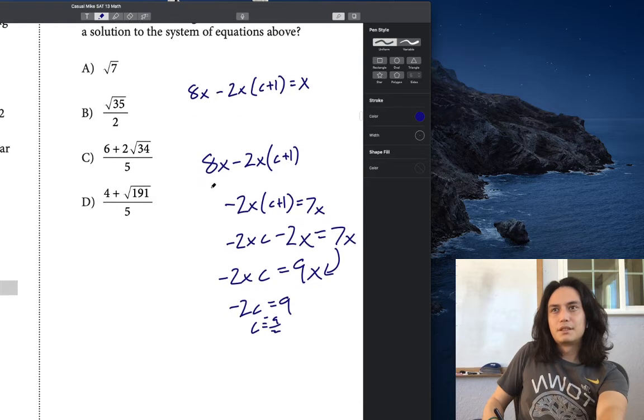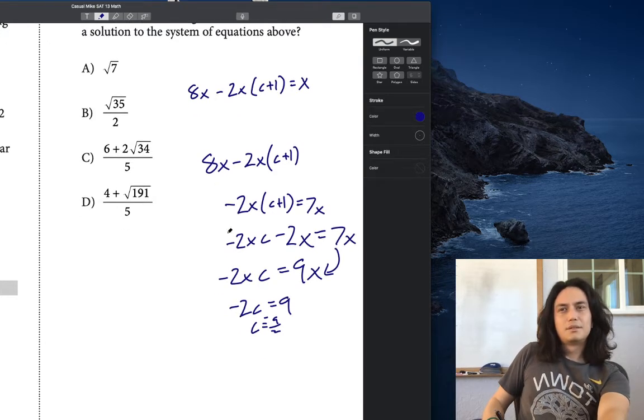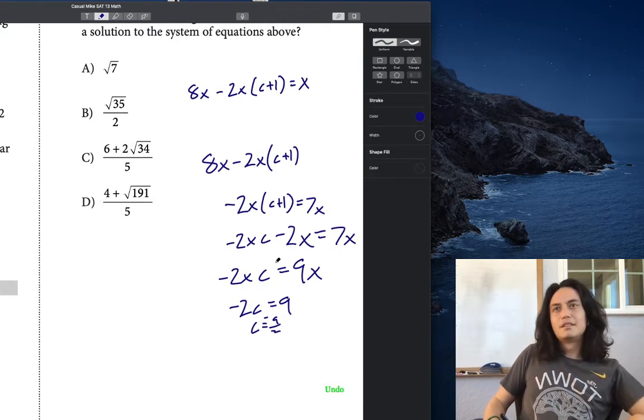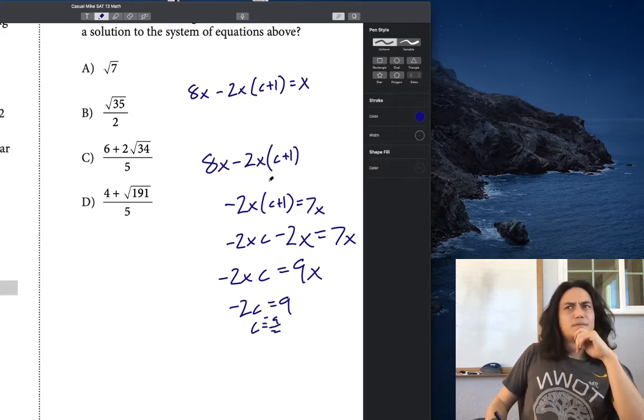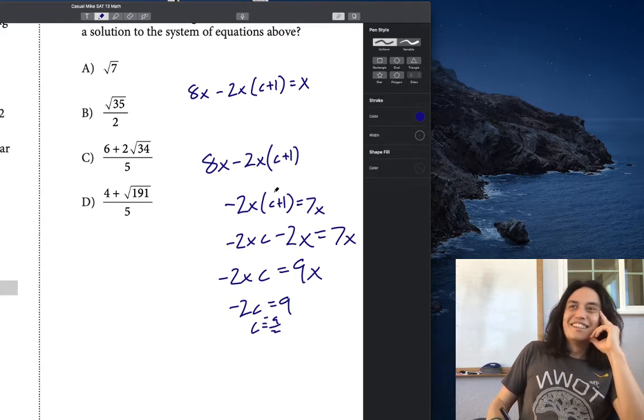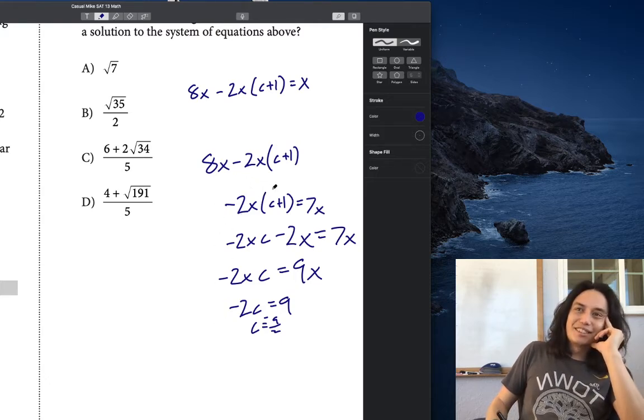What is happening? 2x, I think that reasoning seems right. 8x minus 7x is x. Okay, this is just such a stupid way of going about it. So minus 2x times c plus 1 is minus 2xc minus 2x equals 7x.